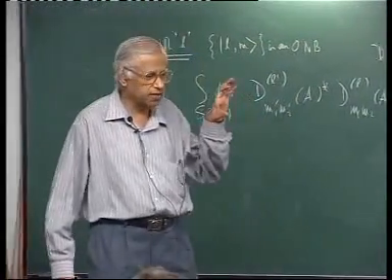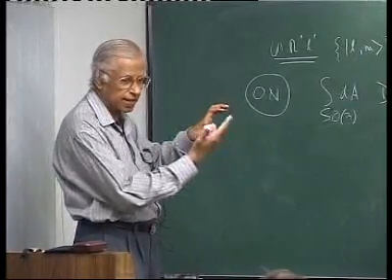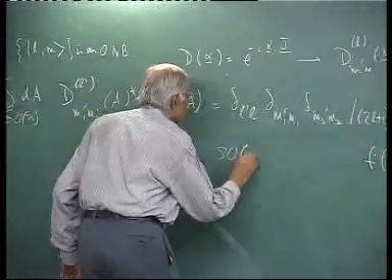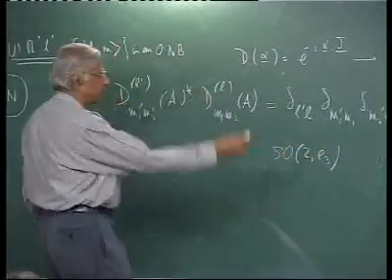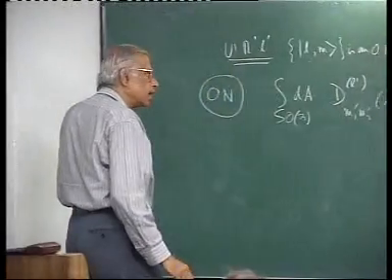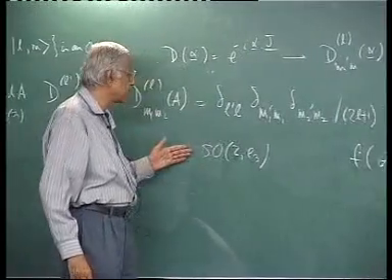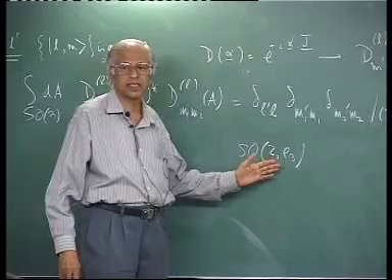That is, I have SO3, I take the subgroup SO2 of rotations around the z-axis, which we had a little while ago on the board, and I consider functions which are constant over cosets with respect to this subgroup.